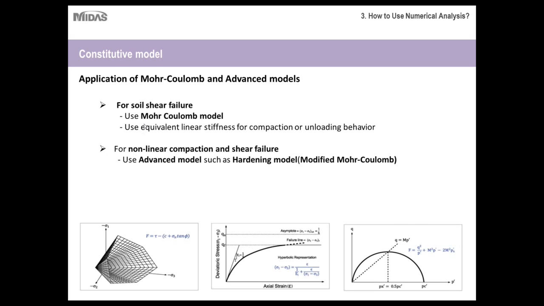So the Mohr-Coulomb model alone doesn't suffice. It also requires an equivalent linear stiffness for the compaction and unloading behavior when you are dealing with excavations. But if you are looking to simulate a nonlinear compaction or shear failure analysis, then we use advanced models such as the hardening model or modified Mohr-Coulomb.